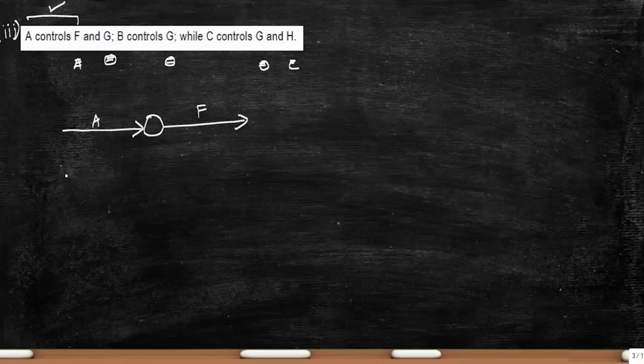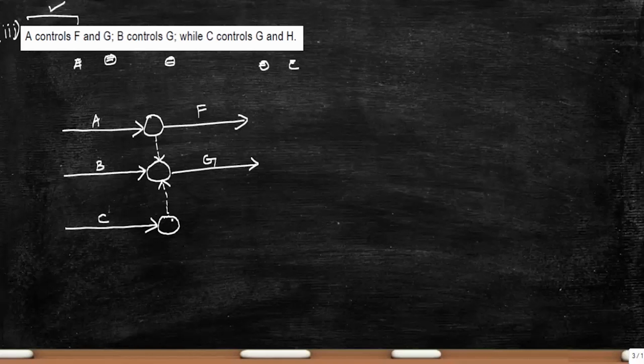So let me draw activity B, and this activity B along with activity A controls G. So let me draw a dummy arrow, and here I'm going to draw activity G. So now this implies that activity G is controlled by A and B, but G is also controlled by activity C. So let me draw activity C, and I'll take a dummy arrow from here.